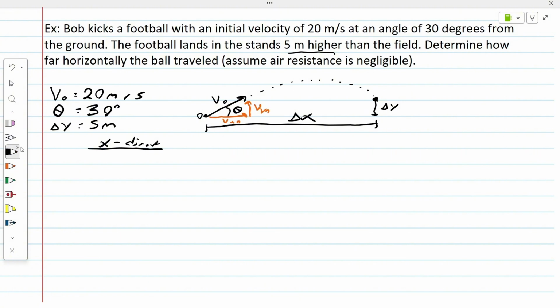So if you don't know how to do this, I made a video about breaking up components, so I would recommend watching that. But we learned that using some basic trig that the velocity in the x direction is just going to equal the v naught cosine of the angle.